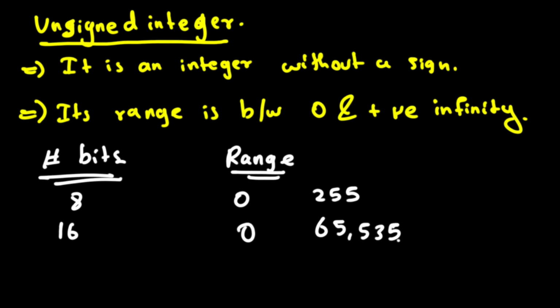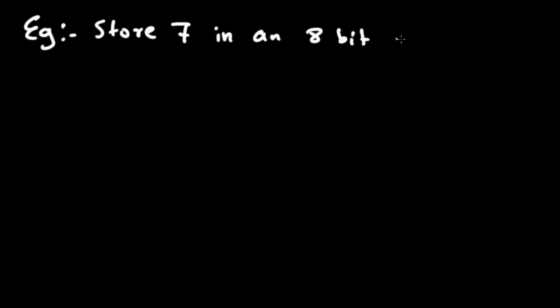Now let's look at an example. Let's say we want to store 7 in an 8-bit memory location.